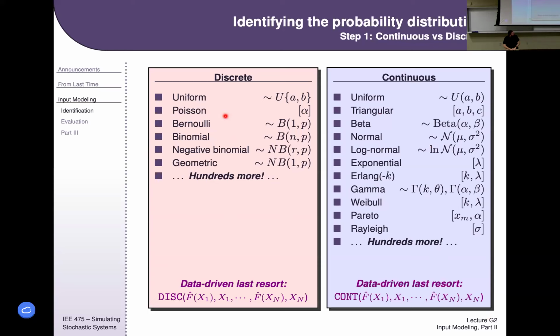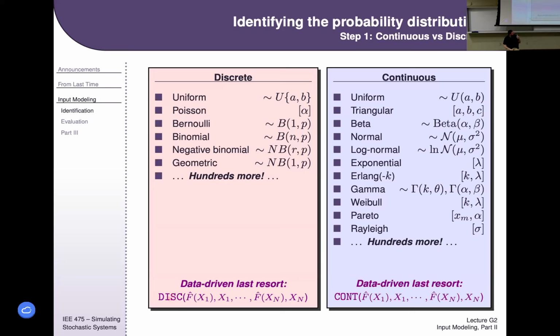So if you can't fit one of these, there is a data-driven last resort that I've written down here in Arena, and other sim tools have it too, where you can create an empirical distribution. And what that basically means is you take that empirical CDF and you encode it as its own distribution.